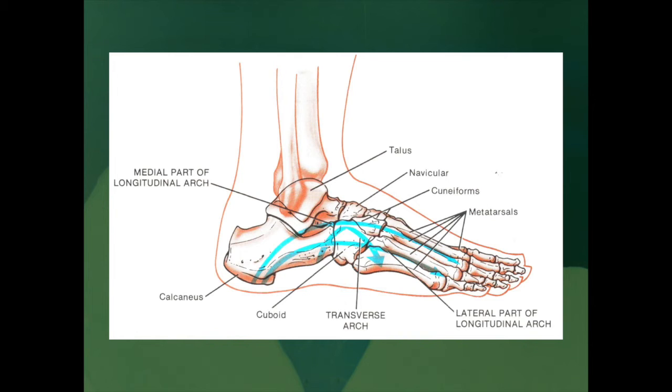Clawfoot is a condition in which the medial longitudinal arch is abnormally elevated. It is frequently caused by a muscle imbalance that may result in this kind of hyper-expression of the arch. And then bunions, which are pretty common, are a deformity of the great toe.